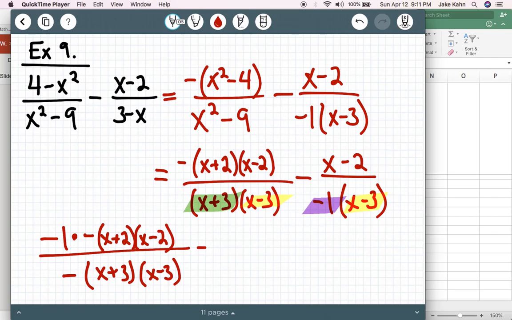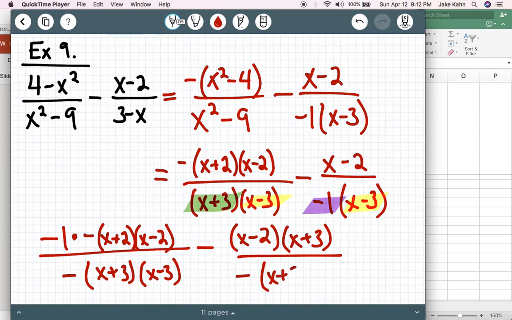And then the second, we're going to multiply by x plus 3 on top and bottom. So we'll have x minus 2 times x plus 3. Then on bottom, we're going to have negative 1 times x plus 3 times x minus 3. And now we have the same thing on top and bottom.